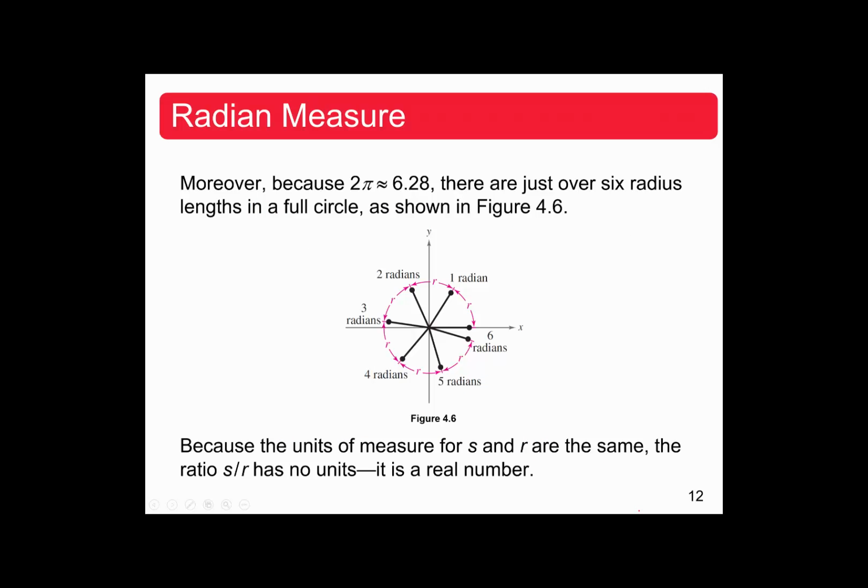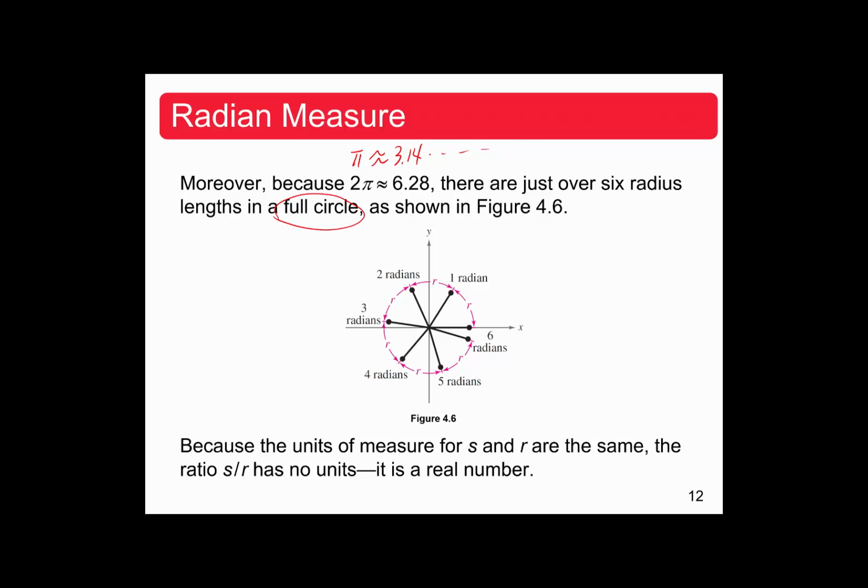So 2 pi, if you remember that pi is approximately equal to 3.1415. So if you replace pi with 3.14, then 2 pi is equivalent to 6.28 radians. So basically, a typical revolution, a full cycle, will have 6.28 radians.